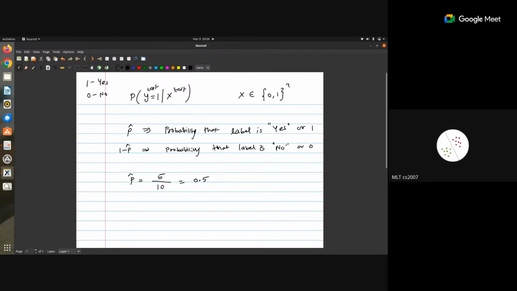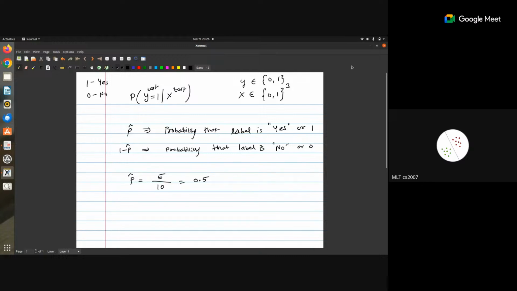And how many dimensions are here? 3. This is how our x looks, and y is 0 or 1. That's the training data set we have: 3 dimensions, each 0 or 1, and labels also 0 or 1.